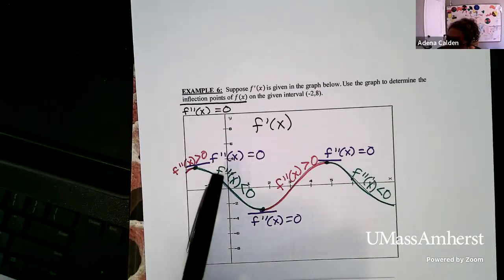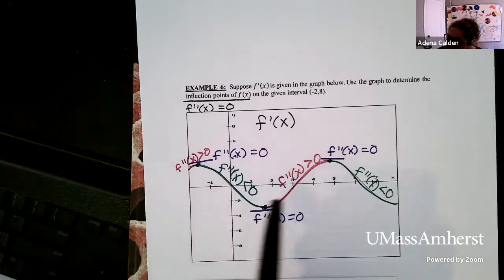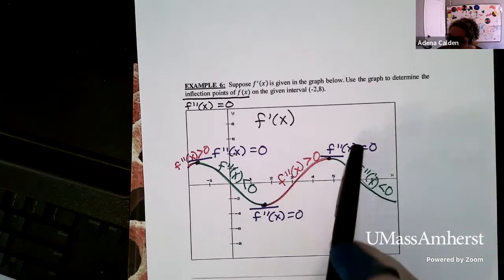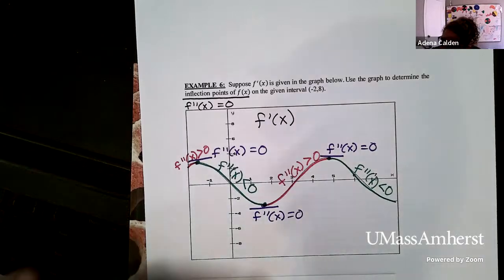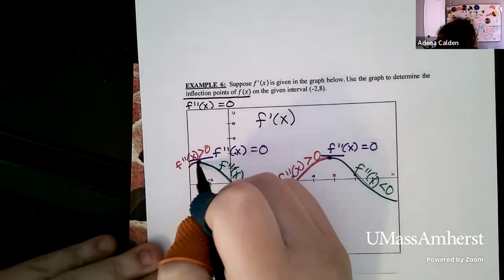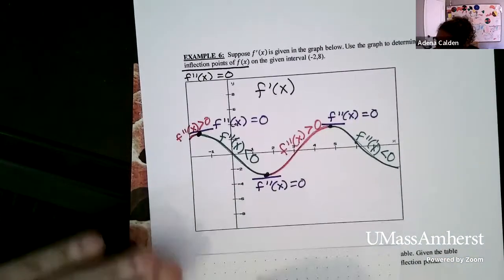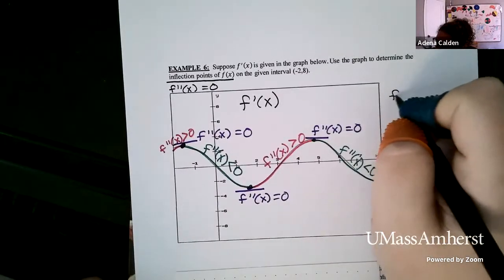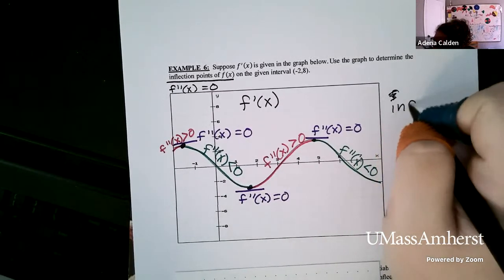So we notice that in all the places where the second derivative equals 0, we change signs around each of those points, which means that all 3 of these points are inflection points. So we're going to have an inflection point at each of these x values. So let's look at approximately where these are going to be. Actually, we'll just write inflection points.